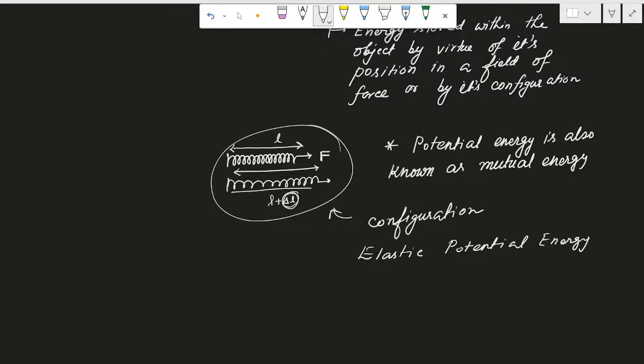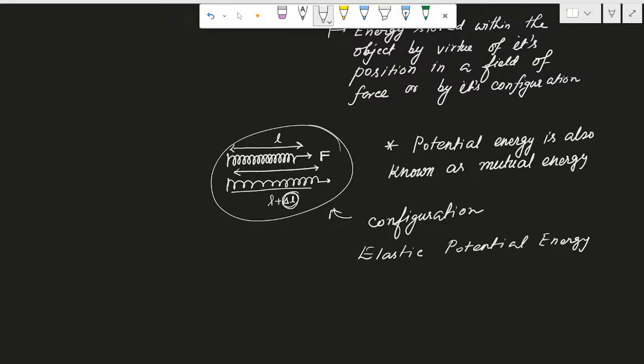Okay, now we'll see some other topics related to this. The first thing that comes to our mind is gravitational potential energy, because elastic potential energy is something that comes later. First we should understand what mgh is, and most of us know about mgh, that is the potential energy.